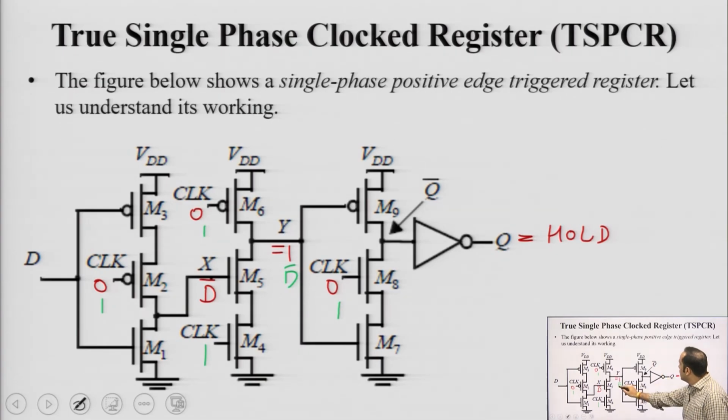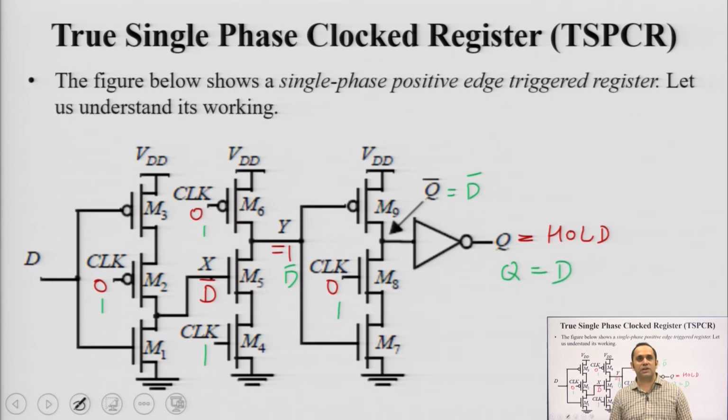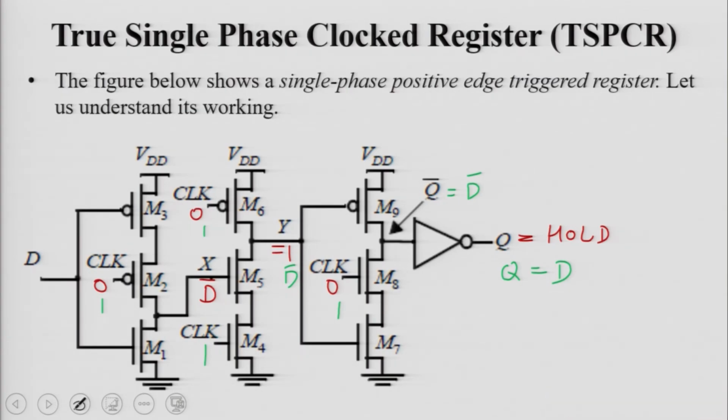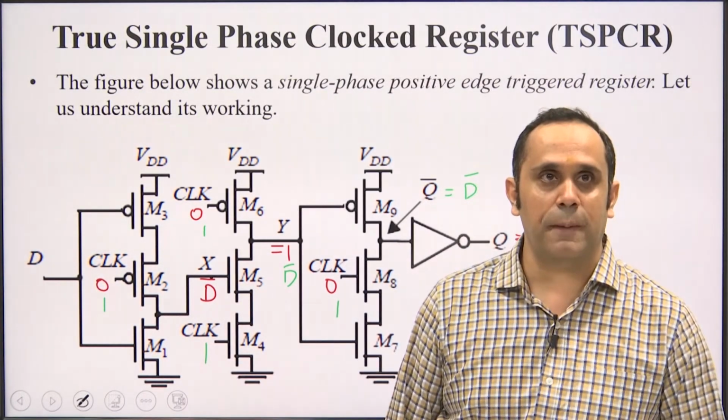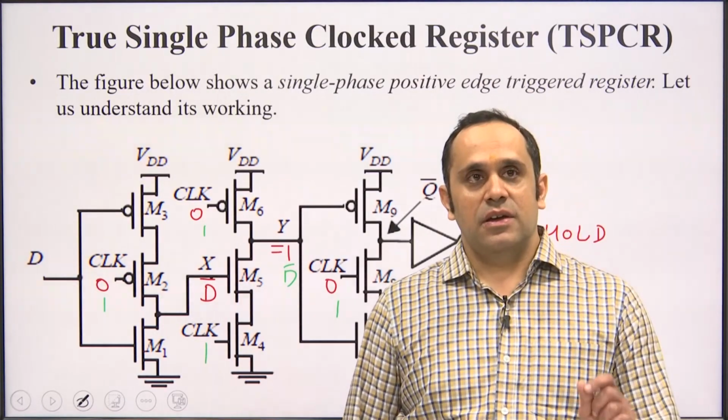So, you will get D bar sampled here, it will produce some value here, it will sample this value here, and this comes to the output. Either way, whenever a positive edge comes in this type of circuit, which is using a single clock, this is propagating.